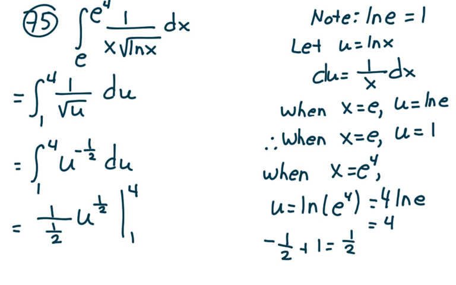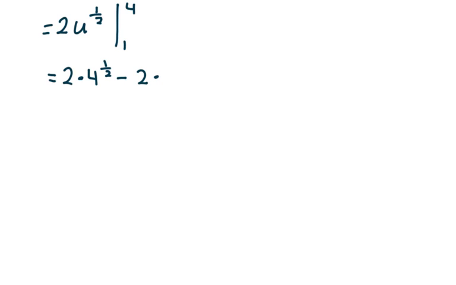But when you take 1 over a half, that's 2. So this is 2u to the 1/2 evaluated from 1 up to 4. So this is 2 times 4 to the half minus 2 times 1 to the half, which is 2 times 2 minus 2 times 1. And so the answer here is 2. And that's how you do problem number 75.